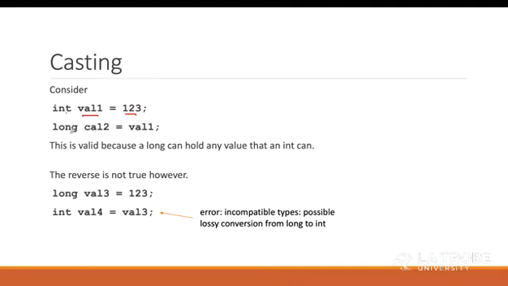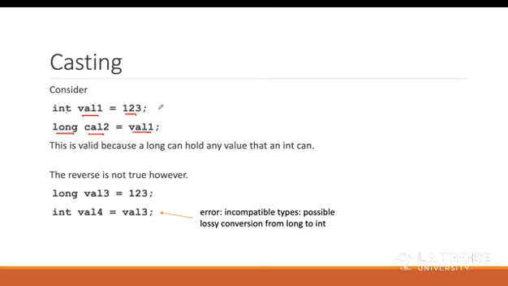Now you are creating another variable called value2 of type long, and you are assigning an integer to a long, which is valid and is automatic casting, because long can store anything that an integer can, because long is bigger in size compared to integer. So this is valid because a long can hold any value that an integer can.